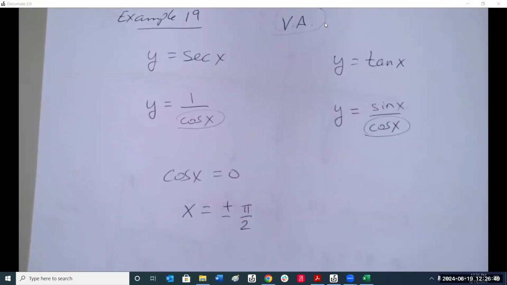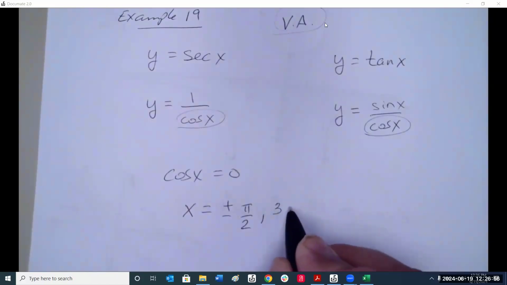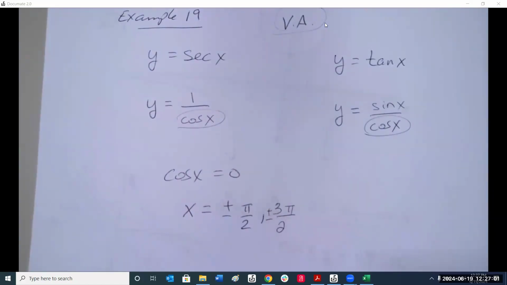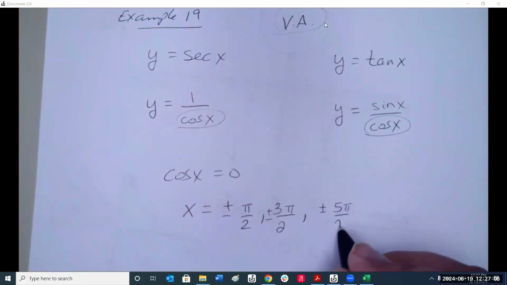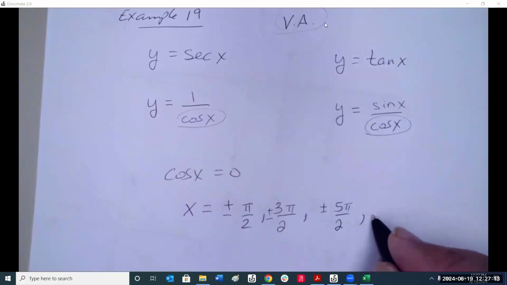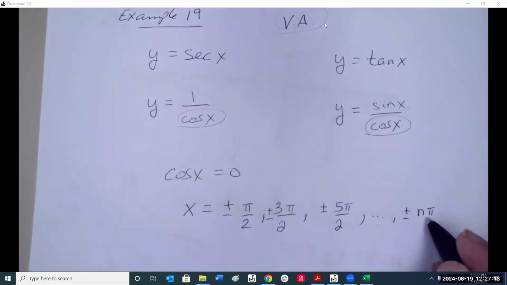Plus or minus pi over 2, plus or minus 3 pi over 2, plus or minus 5 pi over 2. Plus or minus n pi over 2, where n is an odd integer.